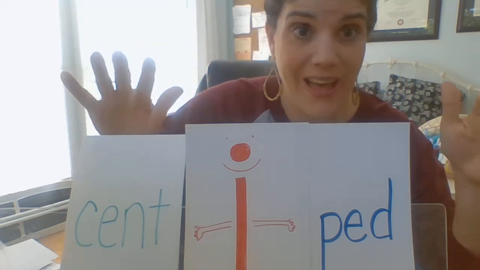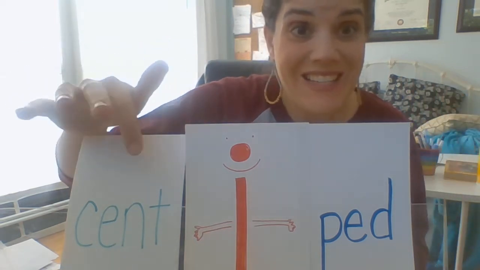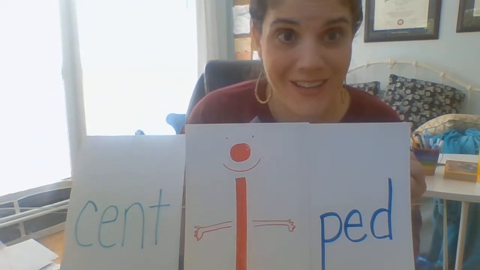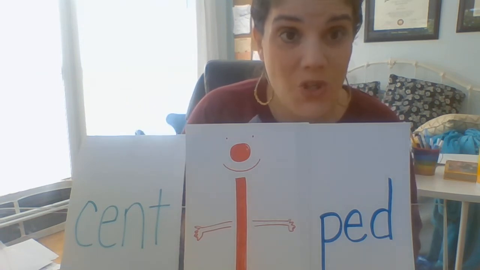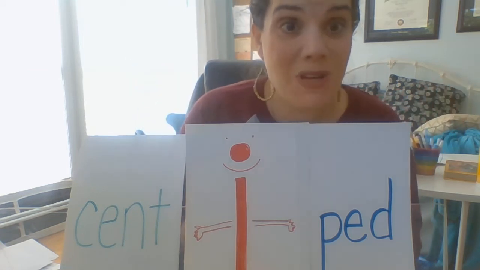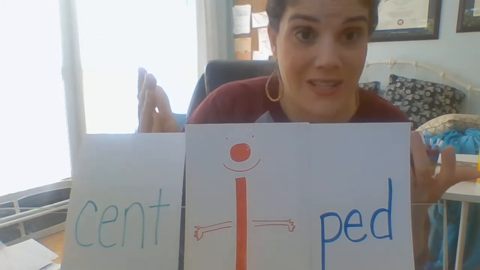So that's A-okay that I would add that magic E there. Centi means 100. Think about how many cents are in $1. 100. If I'm going to give you a grade that's a percent, what's your highest possible grade? 100. Centi means 100. So a centipede literally means 100 feet, something with 100 feet.